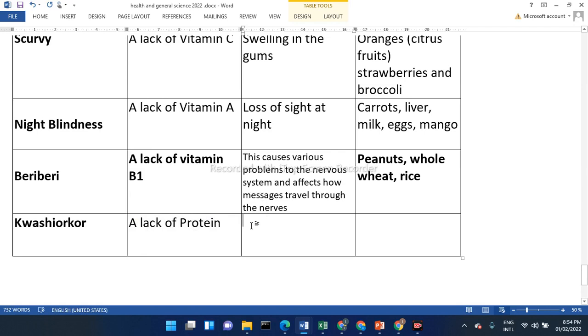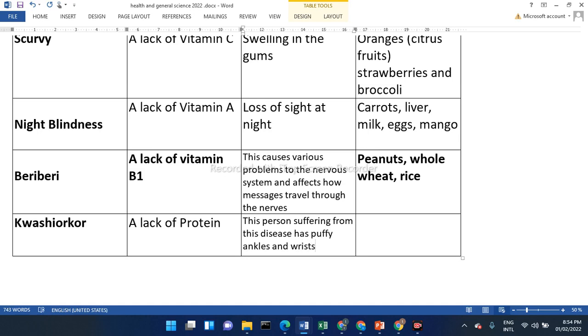So we can talk about the facts. This person suffering from this disease has puffy ankles and wrists.